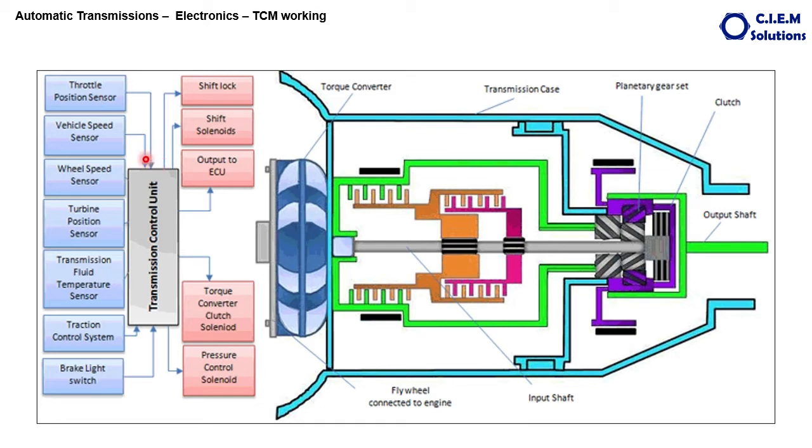These two are the main input sensors for any transmission control unit, because it has to synchronize and balance between the transmission output shaft speed and the engine acceleration, the engine throttle position sensor. It has to synchronize and decide the gear shifting.